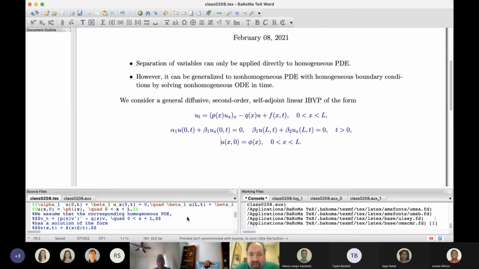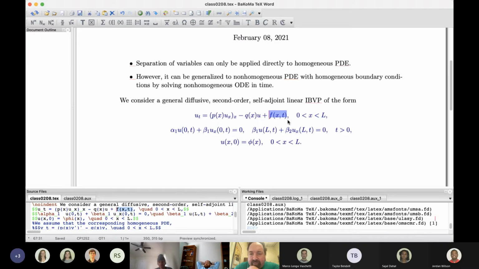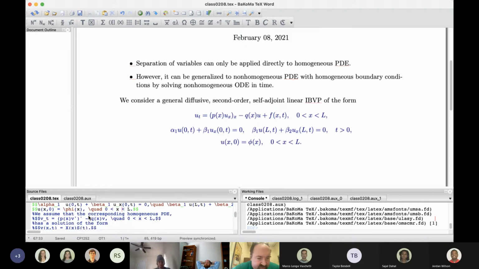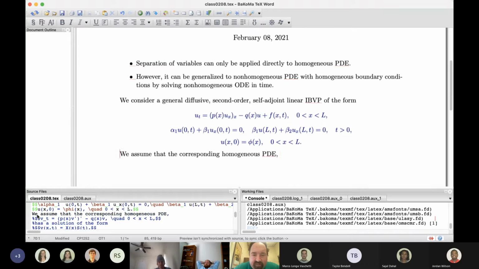Now here we have a PDE being non-homogeneous because we have this term f of x, t. For a heat equation, this could represent, for example, an external heat source. Now, what will help us solve this is the same PDE, but now homogeneous, so the f of x, t is removed.